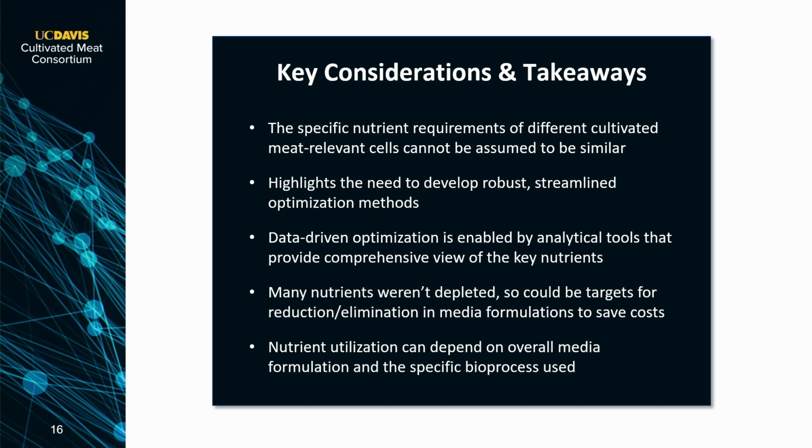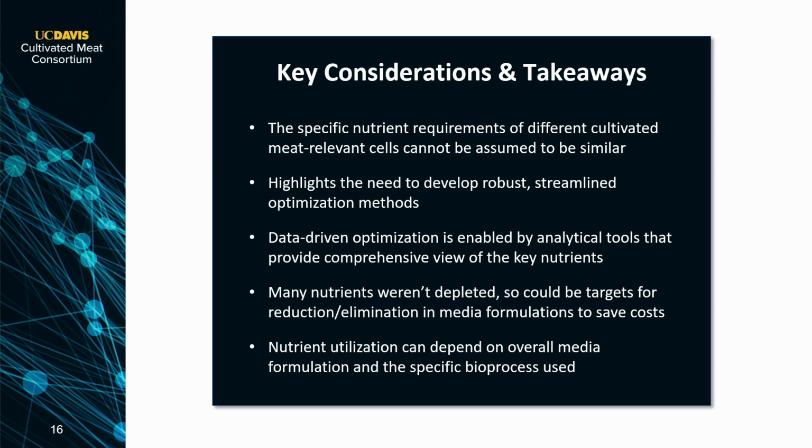That said, we can probably benefit from having more robust, easy to use techniques to actually perform this optimization work, whether that's modeling approaches or analytical tools such as that Rebel device from 908 Devices. There are others as well.